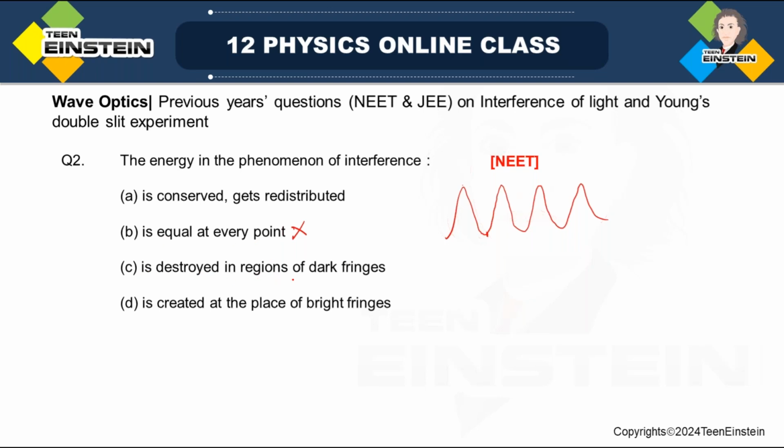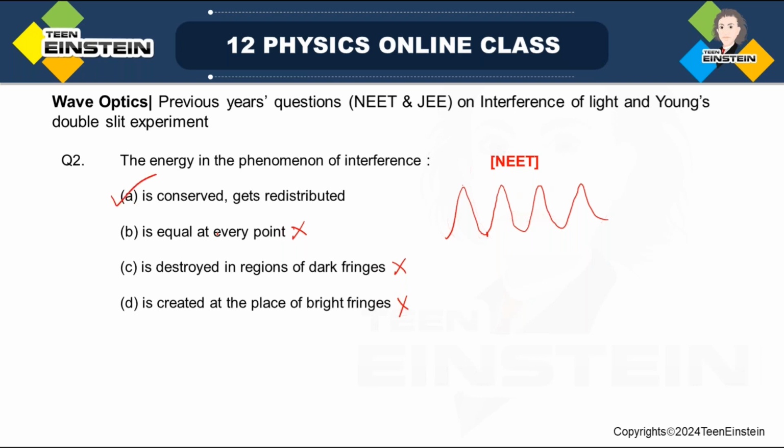Energy is destroyed in regions of dark fringes: actually energy cannot be destroyed according to the law of conservation of energy, so this is also not true. Energy is created at the points of bright fringes: this is also not possible. Energy creation and destruction both are not possible according to the law of conservation of energy.